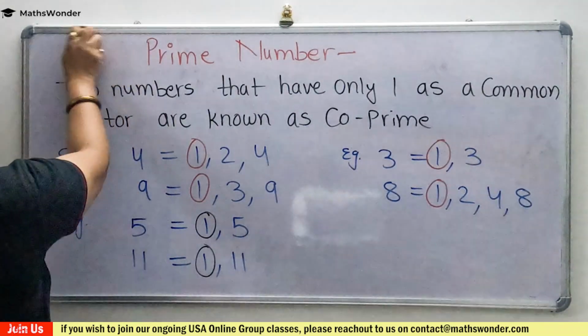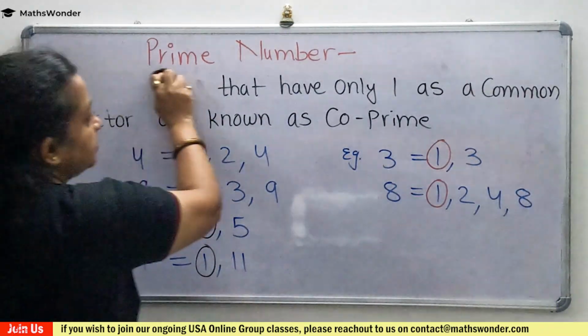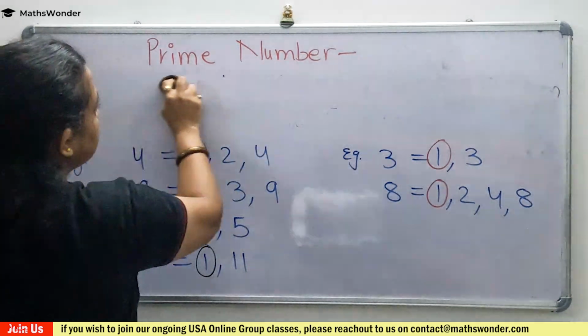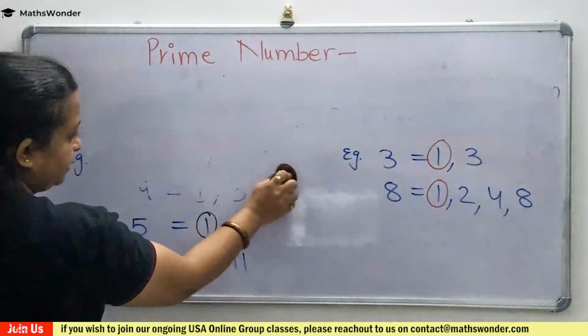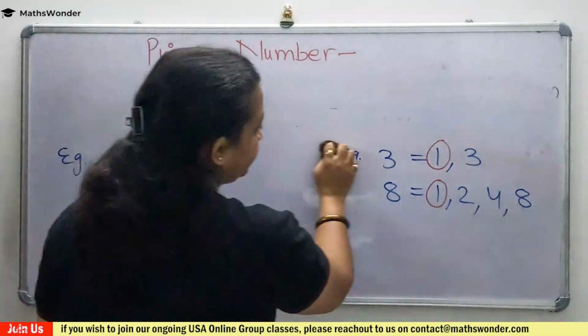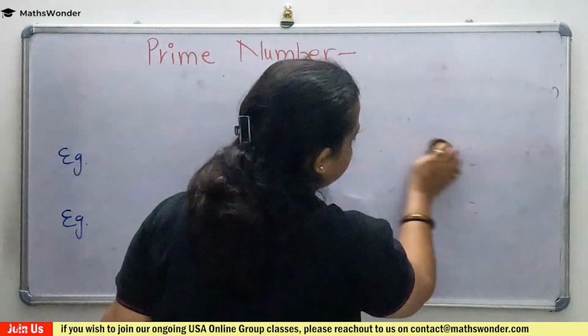Now, next: twin prime number. As the name is twin, write it. This last number system. Twin prime.